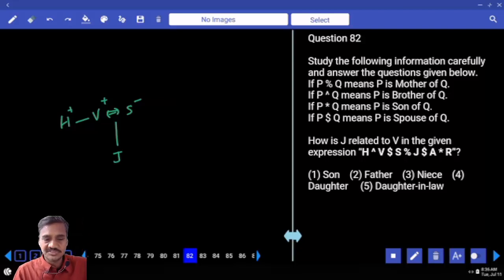Then how is J related to V? J dollar means J is the spouse of A. Now J and A are spouses to each other, and A star, that is A is the son of R, and now A is the son of R means J is the daughter, isn't it? Then how is this J related to V? V is daughter. Daughter, that is choice for question number 82.